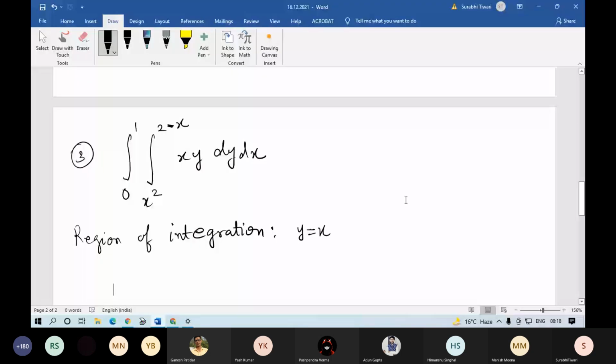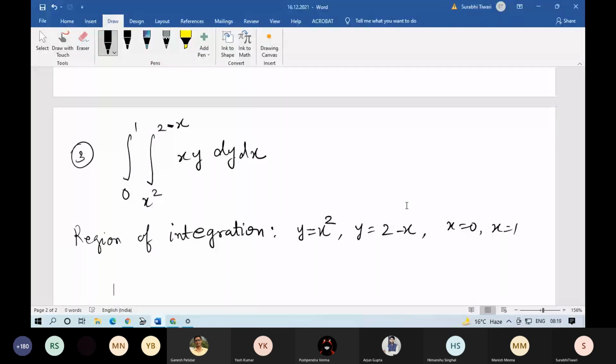तो हमारा रीजन ऑफ इंटीग्रेशन इस केस में क्या निकलेगा? y is equal to x square, y is equal to 2 minus x, x is equal to 0 and x is equal to 1. This is the region of integration.